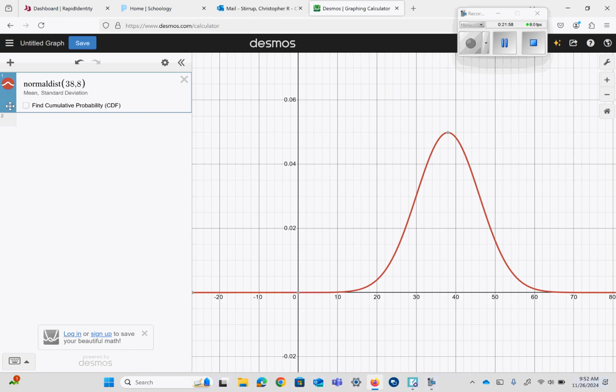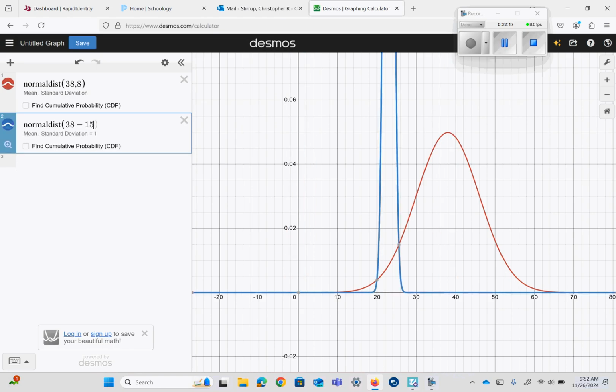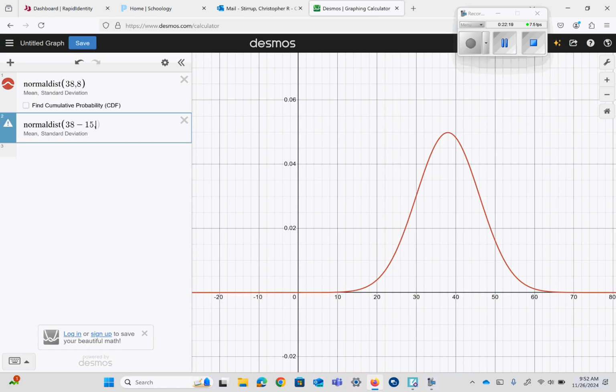If Mr. Jenkins is pulled over by the police for 15 minutes exactly, what is his new mean and his new standard deviation? Well, we're subtracting, so normal distribution, I go 38 minus 15, comma 8.